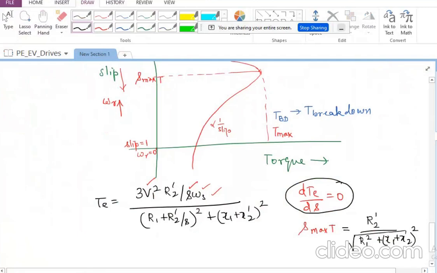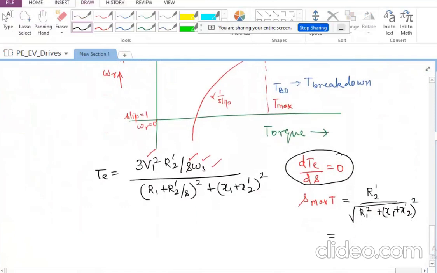If I assume that R1 is really small, I can also write this approximately as R2 dash divided by X1 plus X2 dash.